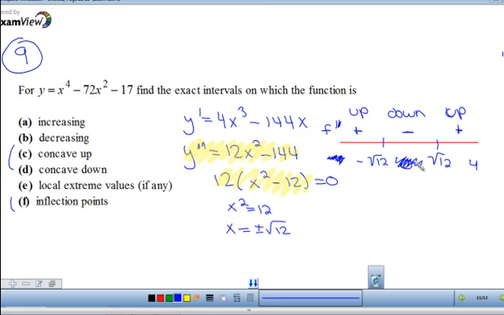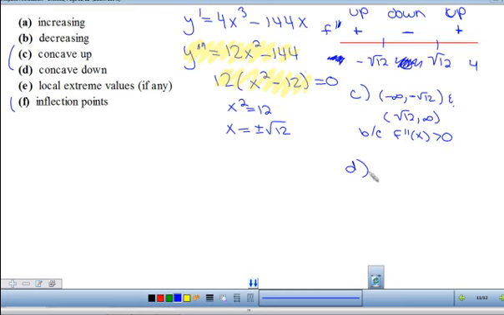So part C is concave up between negative infinity and negative square root of 12 and square root of 12 and infinity, because the second derivative is positive.